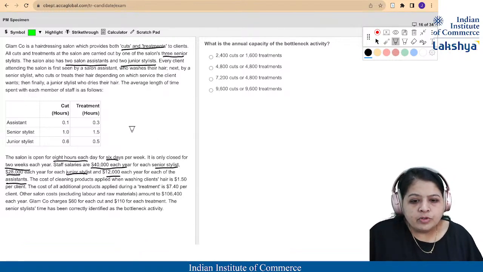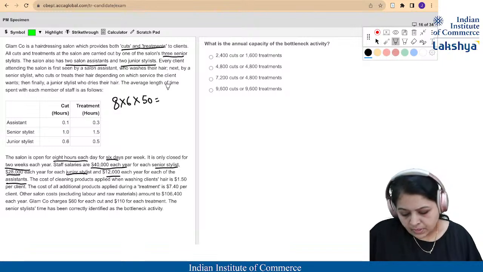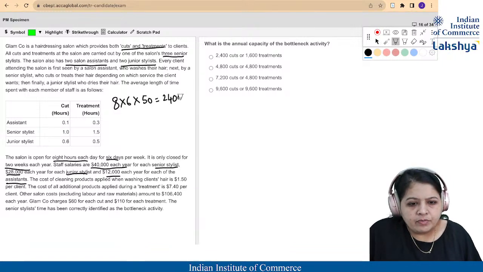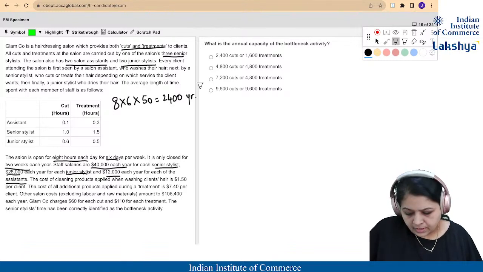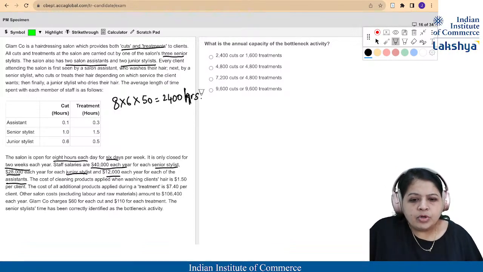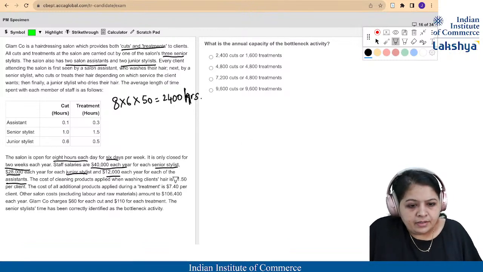So the first thing I want to do is figure out how many hours the salon is working on a yearly basis, right? So that comes to 2,400 hours each year. The cost of cleaning products applied when washing the client's hair is 1.5.